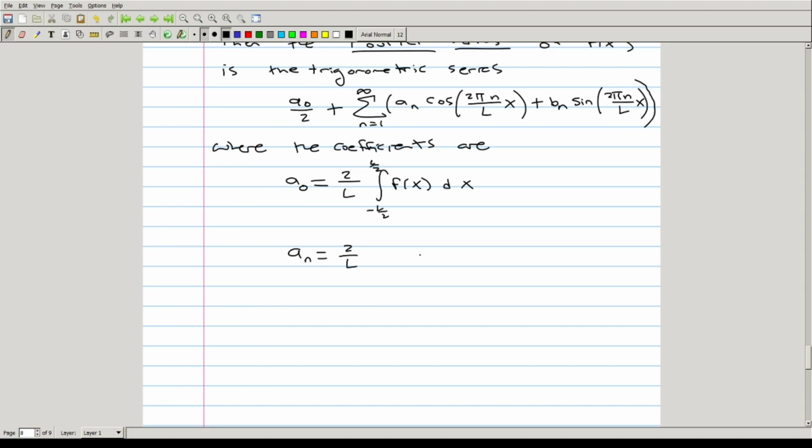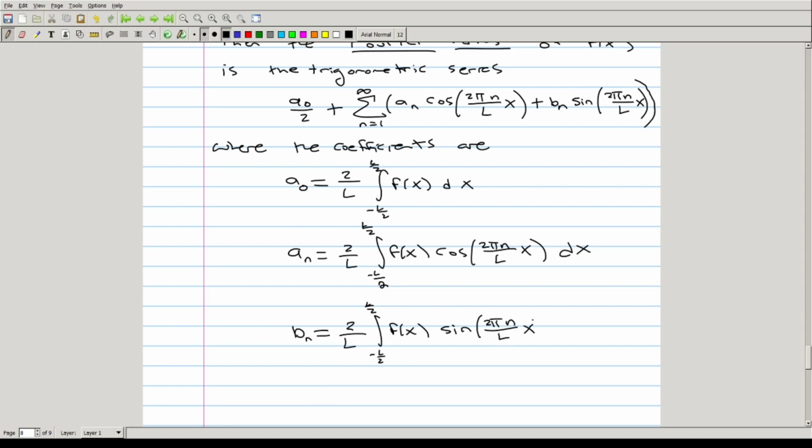An is 2 over L, integral from negative L over 2 to positive L over 2 of f of x times cosine of 2 pi n over L times x. And bn is 2 over L times the integral from negative L over 2 to positive L over 2 of f of x times sine of 2 pi n over Lx dx.